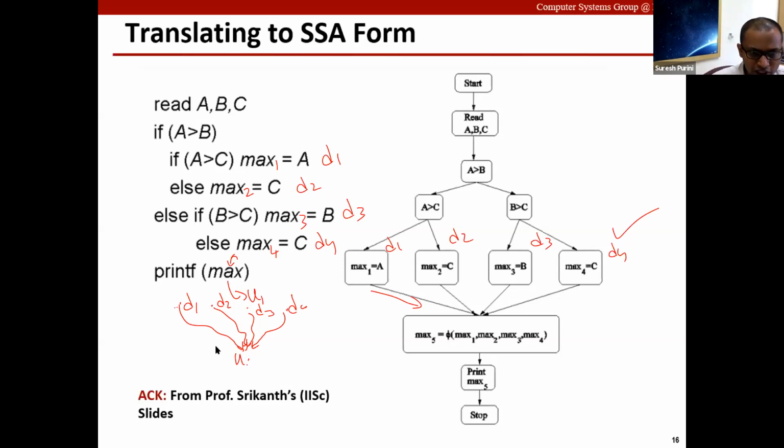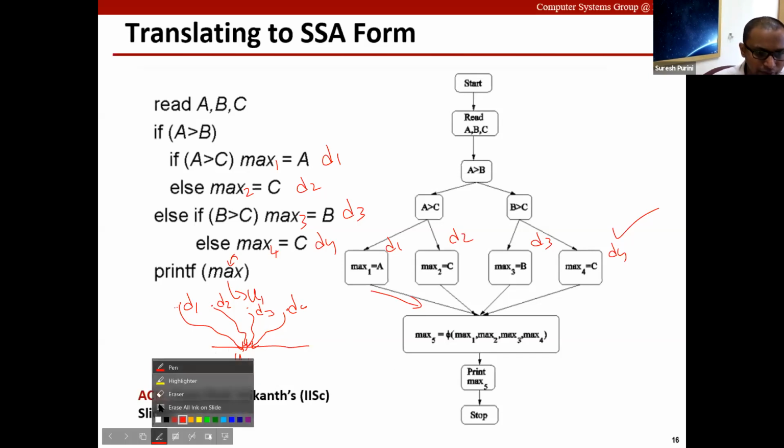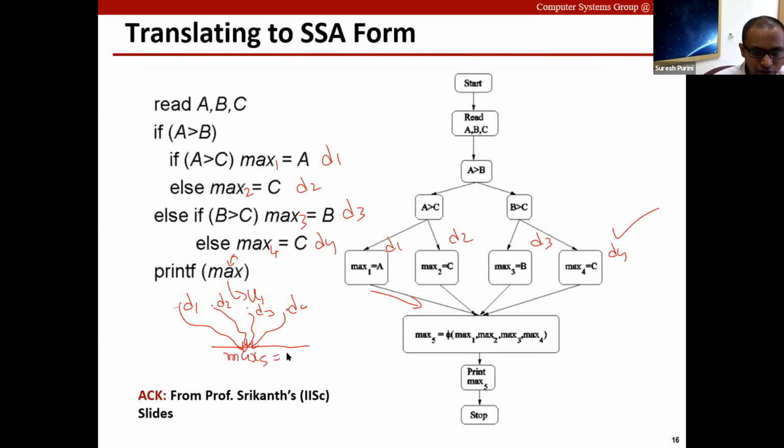So we jam all these definitions by introducing a phi function. We say max5 is equal to phi of max1 through max4. So we jam all these definitions and we create a new definition max5, and then this max5 gets propagated to the use that is there before.